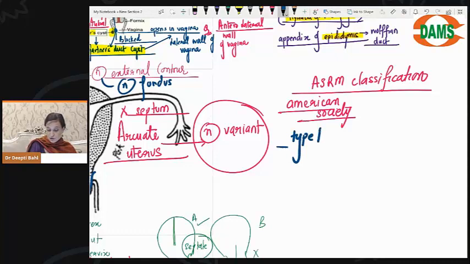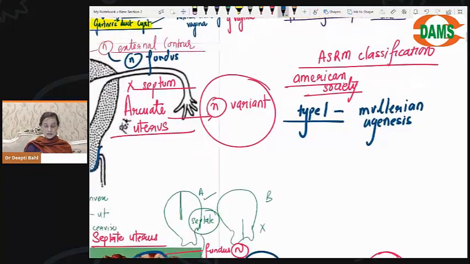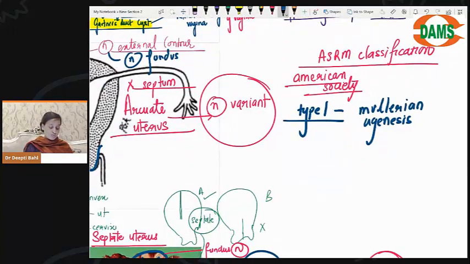Here, type 1 anomaly is Mullerian agenesis, where the Mullerian ducts do not develop at all. In the category of type 2 comes unicornuate uterus.